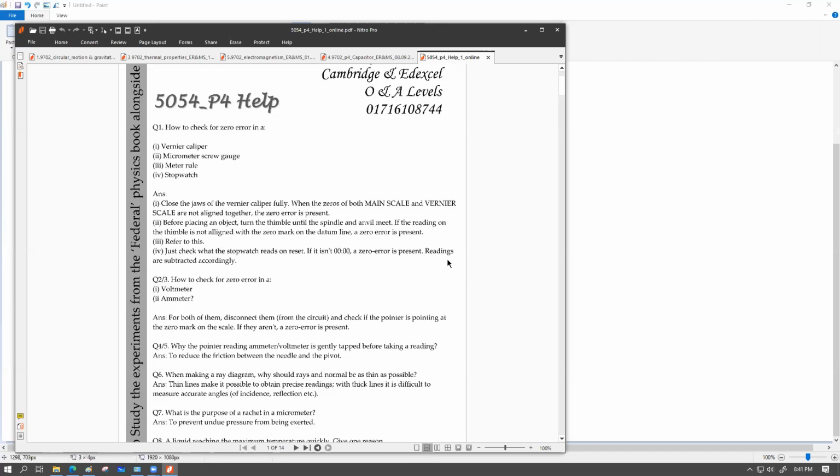After you put all your values in your table, you might require some additional calculation to get the final answer. For example, if you're trying to measure the value of gravitational acceleration using a simple pendulum, you'd require to plot L versus T squared. L is the length of the simple pendulum, which is basically the string length plus the radius of the bob, because the length of the oscillation should be to the center of gravity of the bob.